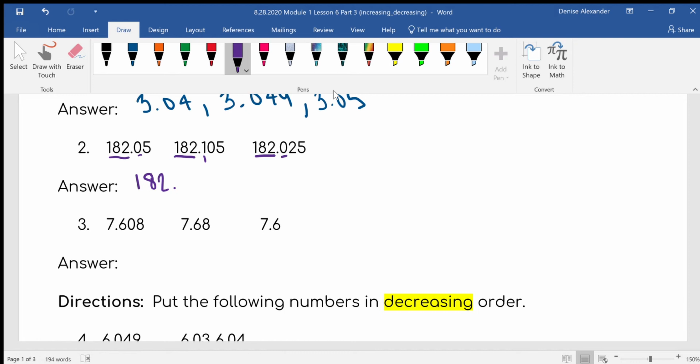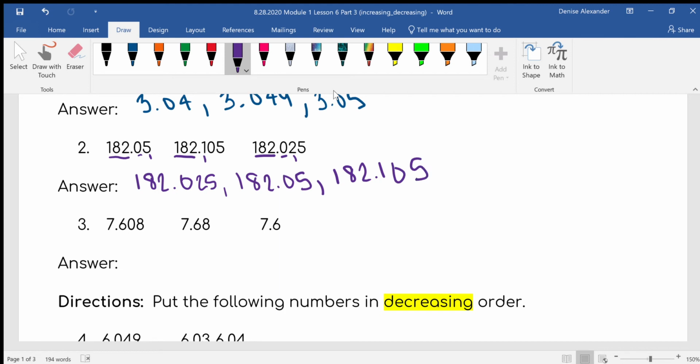So I'm going to look at this column. I have a 5 and I have a 2. You're right, the 2 goes first. So I'm going to put my 25 thousandths first and then do the 182 and 5 hundredths. And then add in my 182 and 105 thousandths.